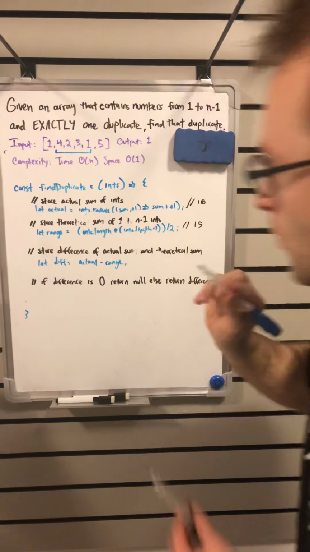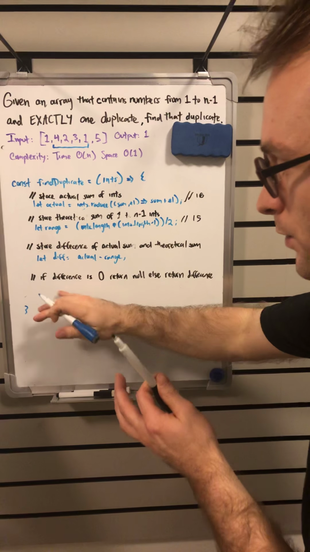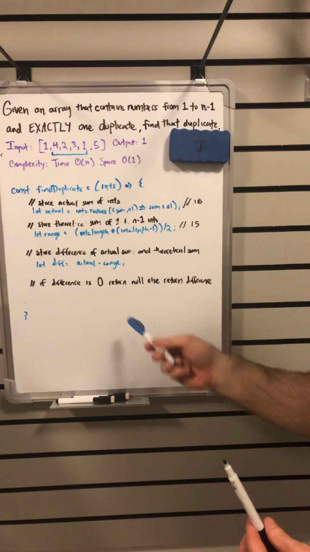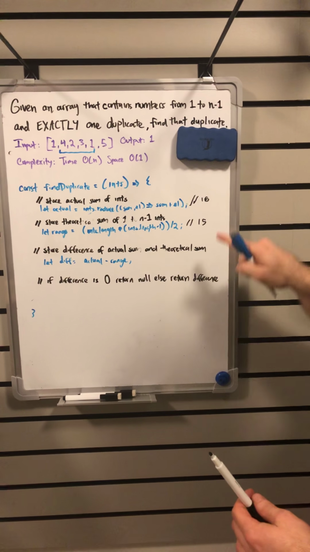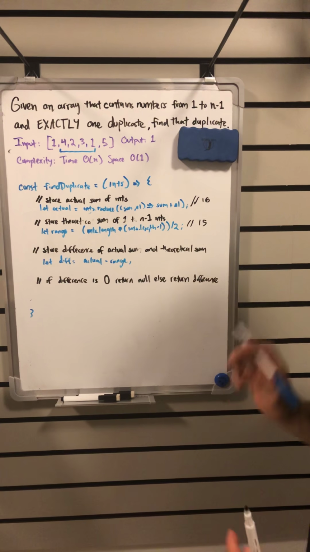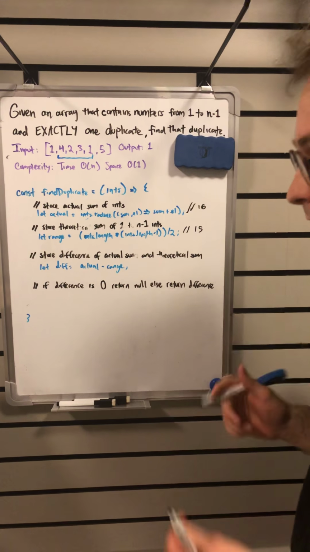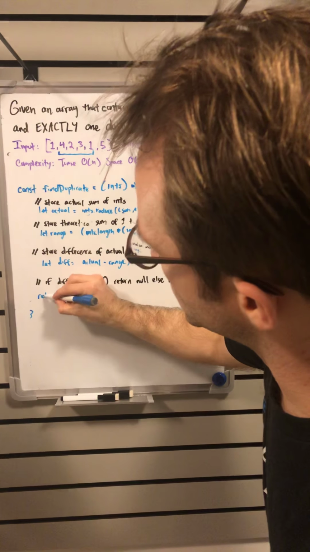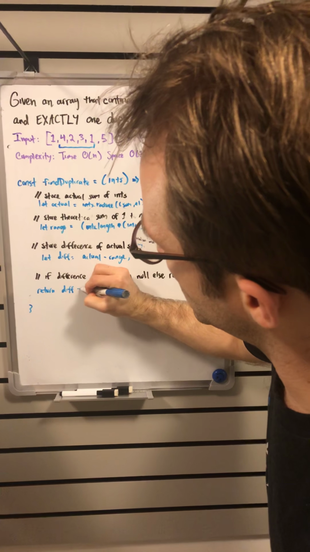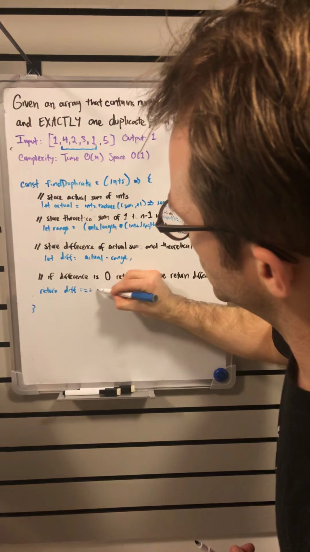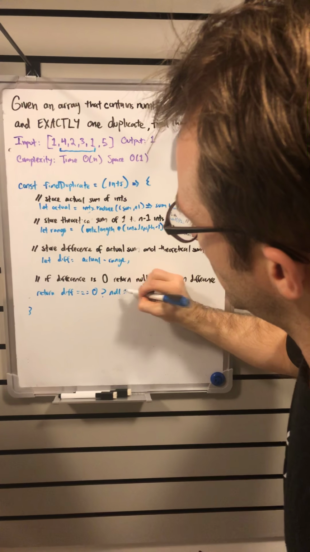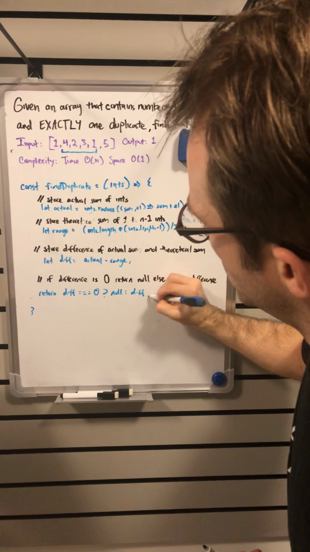And then we're going to go to our return statement that basically asks if the difference is 0, so that means that there is no duplicate, we're going to return null. Else we're going to return what the difference is. So we're going to do a ternary statement and say return the diff is strictly equal to 0. If that's true, let's return null. Else we're just going to return the diff.